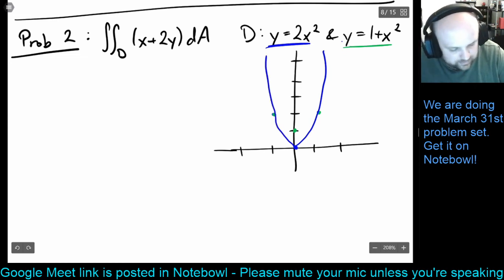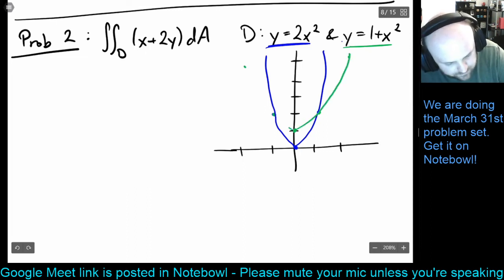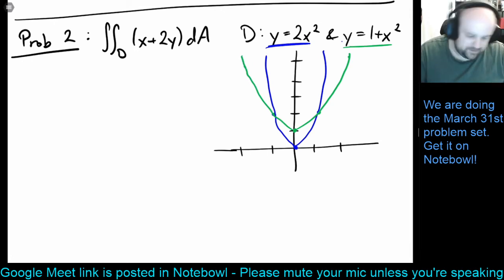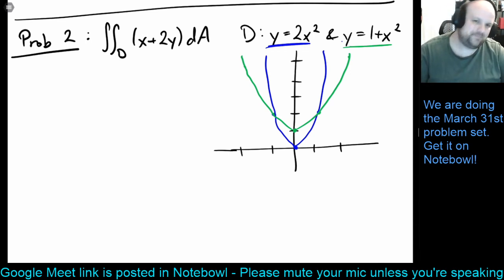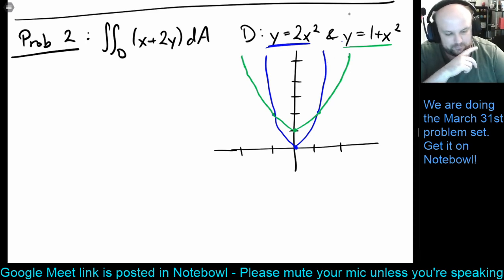These go up quite quickly. Right, so that's the green one. I wanted to make sure it didn't look like these two crossed over here because they don't. This blue one's way up here.